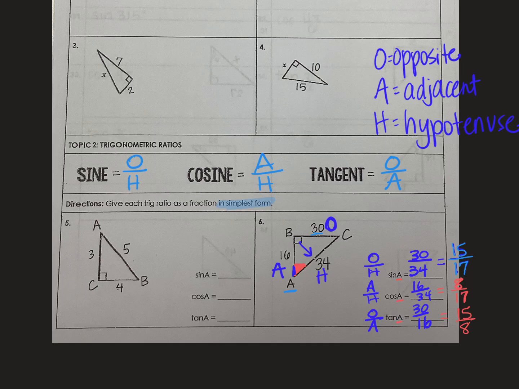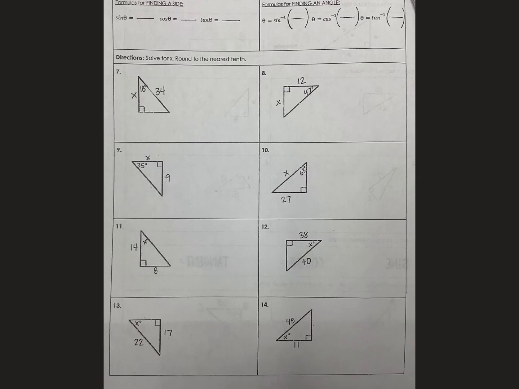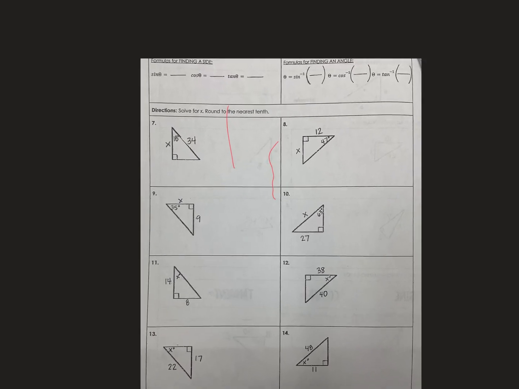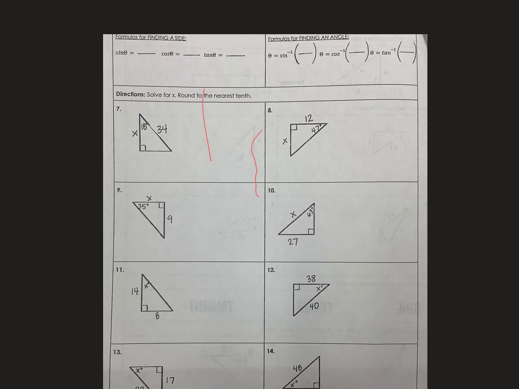Okay, let's look at our next. Now let's learn how to find a side or an angle using SOHCAHTOA, which is the sine, cosine, and tangent. Just as a reminder, sine is O over H, cosine is A over H, and tangent is O over A. The next one is what we'll use for finding an angle.